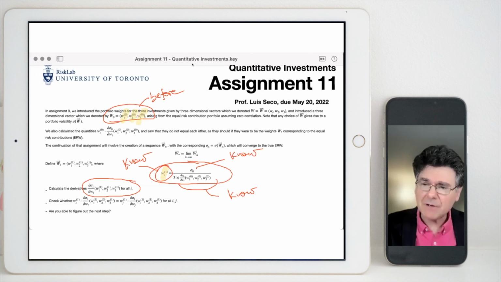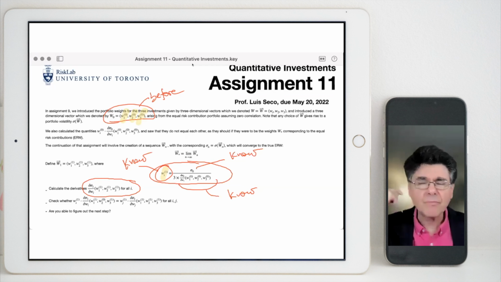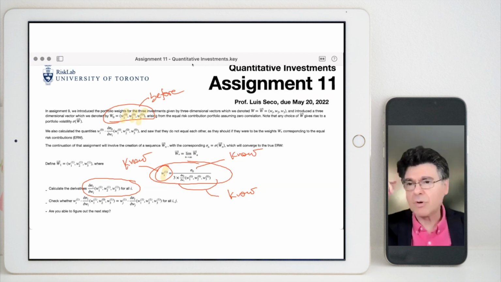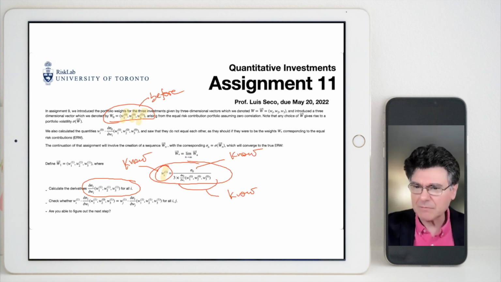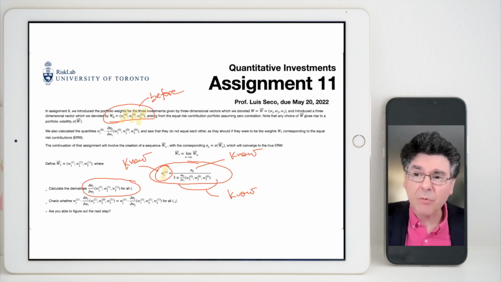The only thing that's different is the values have now changed, but you calculate it the same way as we did earlier. You see what I mean by this? We're doing the same thing now that we did before.